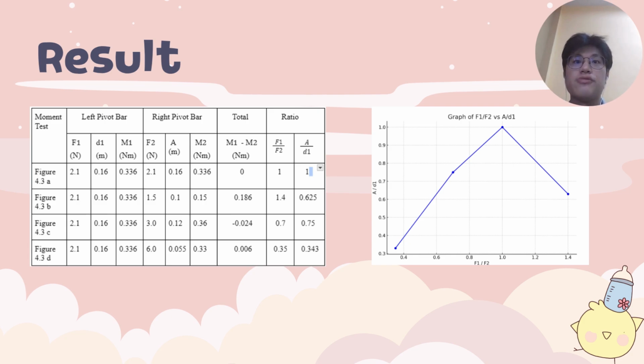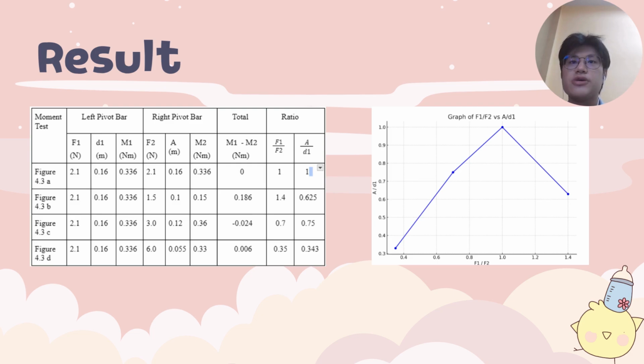0.625. In figure 4.3c, F2 was increased to 3 Newton with a distance of 0.12 meter, resulting in an anticlockwise moment of 0.36 Newton meter, slightly more than the clockwise moment. This led to a negative difference of negative 0.024 Newton meter.